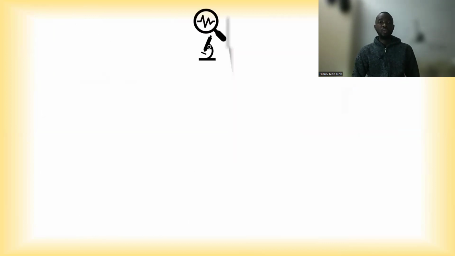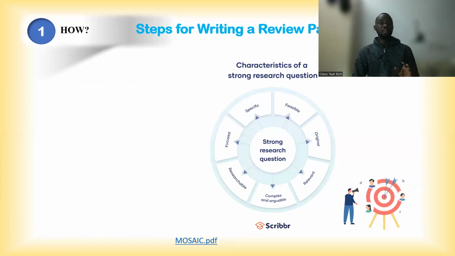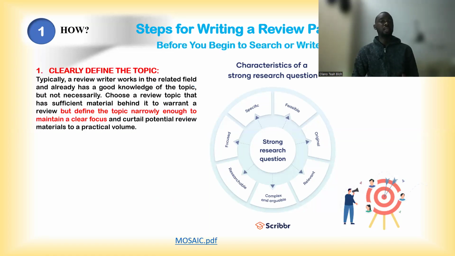But today we're going to focus on starting to write the review paper. So let's try to write a review paper today. There are things that we have to consider when we want to start writing our review paper, and one of them is having a clear topic.